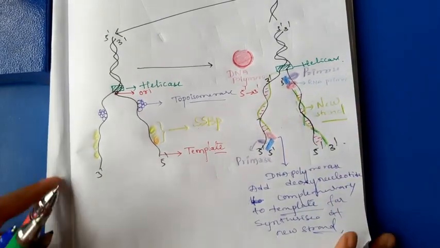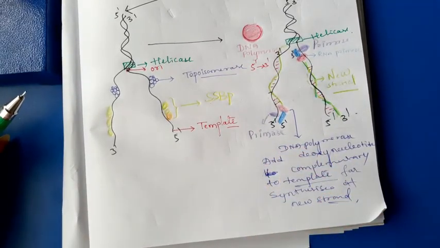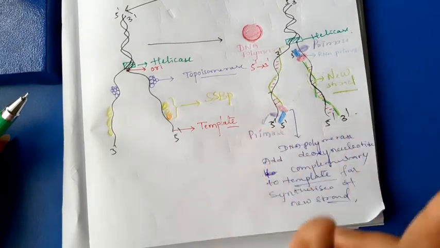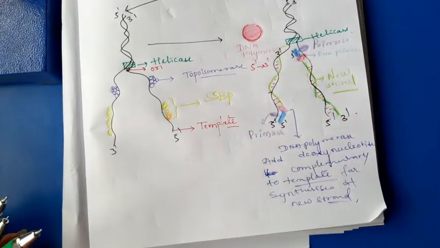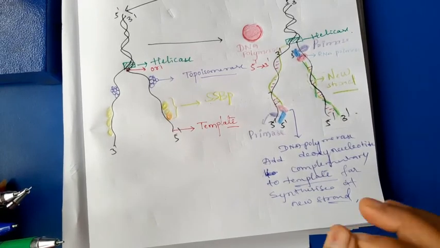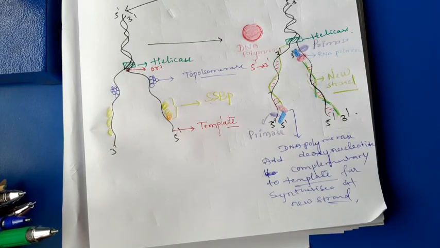Once again students, during replication there is a formation of two strands, no? One strand is synthesized continuously, and the other is formed discontinuously. I will explain the discontinuous and continuous strands in the next class.